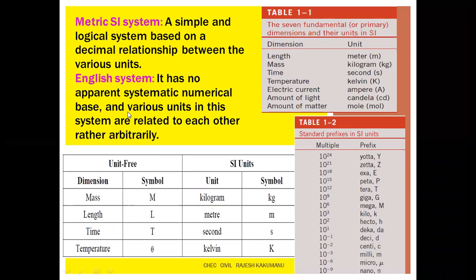Now see the table here. The dimensions are mass, length, time, and temperature. In the symbol column, for mass you have capital M, for length capital L, for time capital T, and for temperature the degree symbol. When converted into SI units, for mass it is the kilogram, symbol kg. For length it is the meter, with small m.